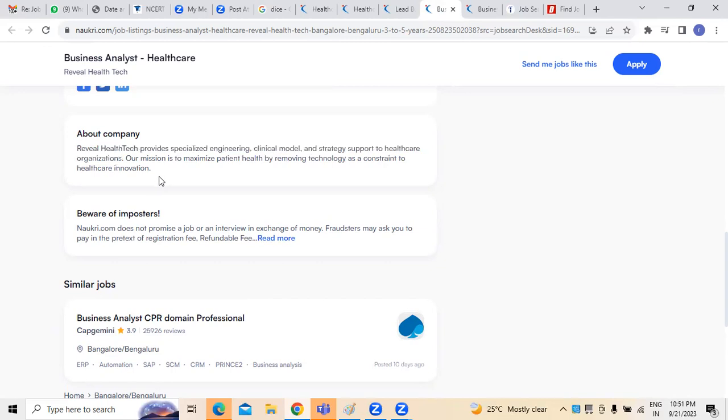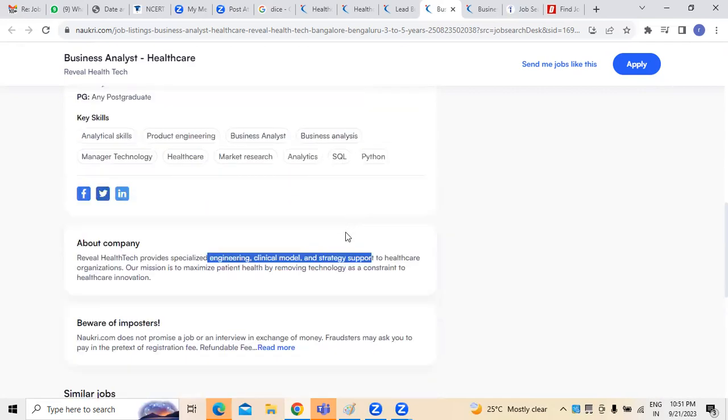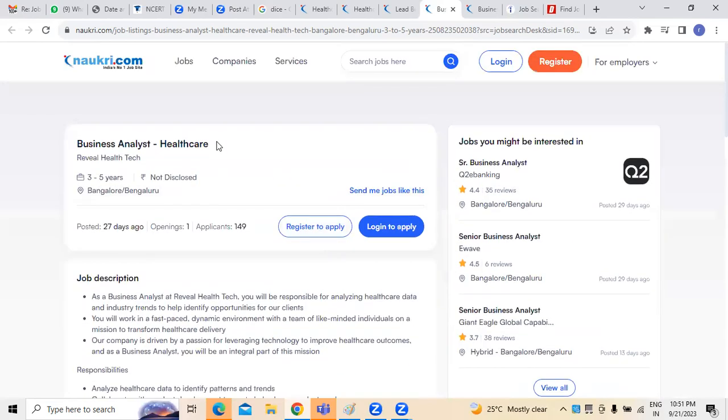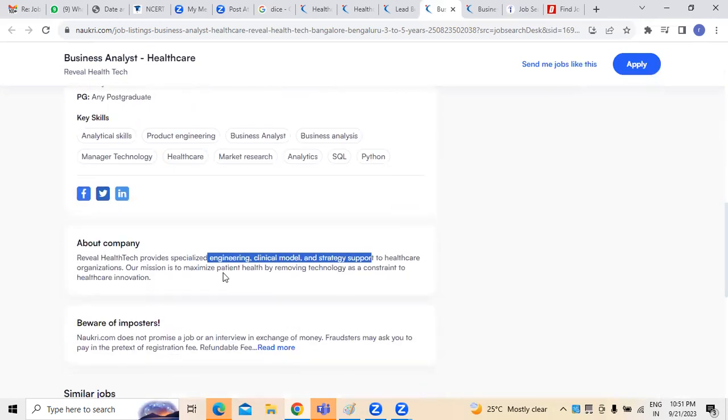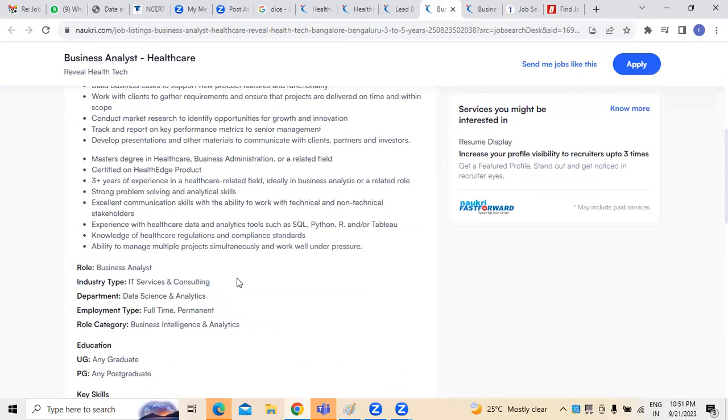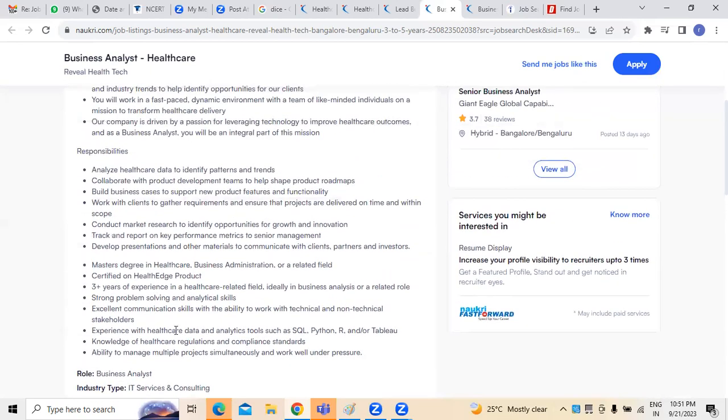They are developing products for healthcare organizations in these areas: engineering, clinical model, and strategy support. Understood? So what kind of people do they want? They also require a healthcare business analyst. But as far as expertise is concerned, they want someone who has knowledge of the product called Health Edge.